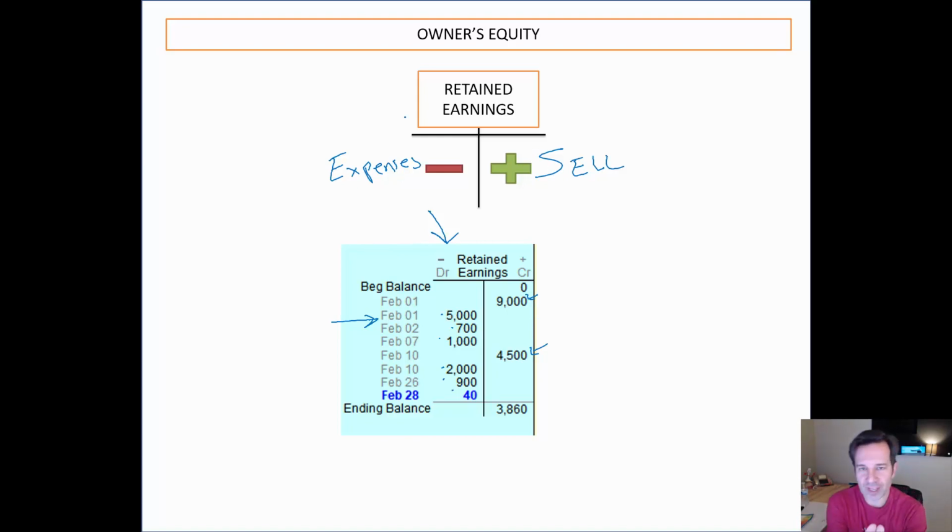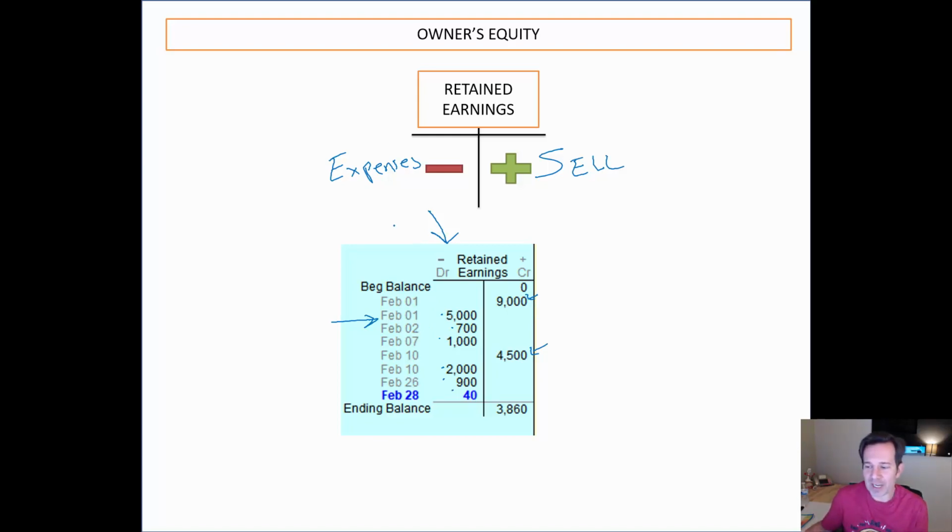Here's the problem with that. If you're looking at the debit side of retained earnings, you have 5,000, 700, 1,000. I have no idea what that is. Maybe it's rent, maybe it's wages, maybe it's interest, maybe it's where I paid for the inventory before I sold it. I have no idea. As such, I can't manage it.